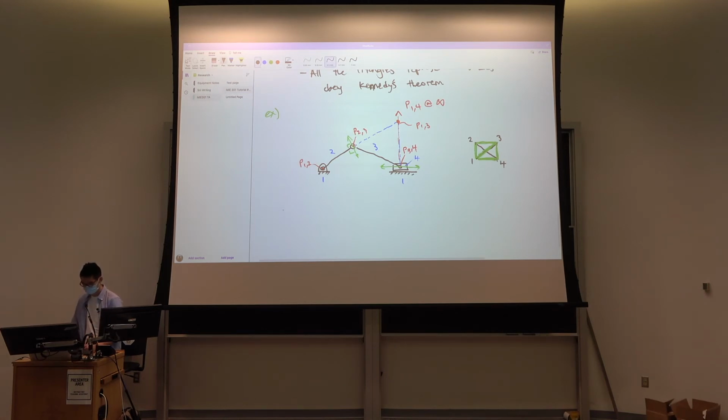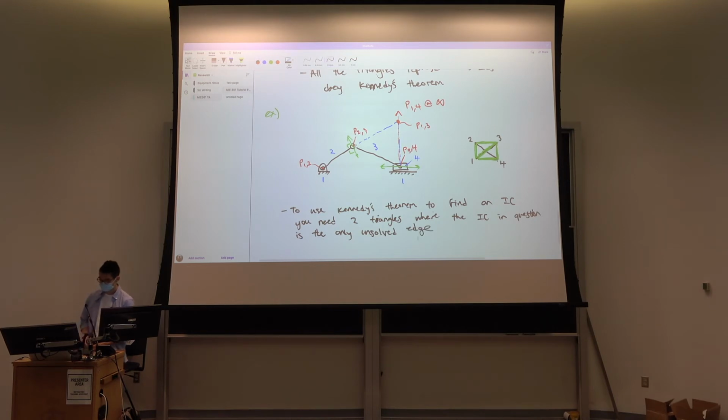So the trick with Kennedy's theorem, this might take a bit of practice to get your head around, but the trick is that to use Kennedy's theorem to find an IC, you need two triangles where the IC in question is the only unsolved edge.